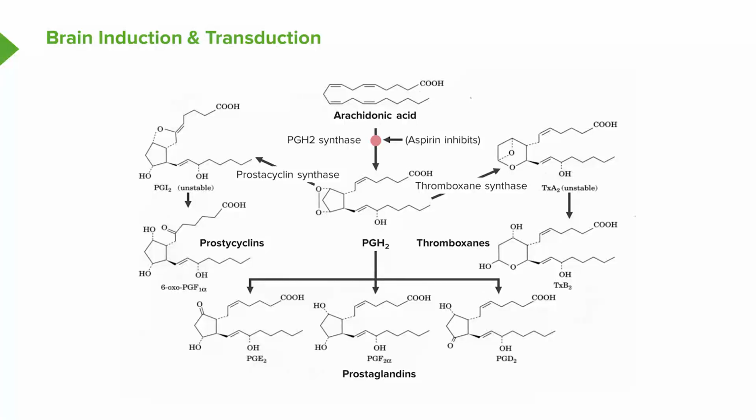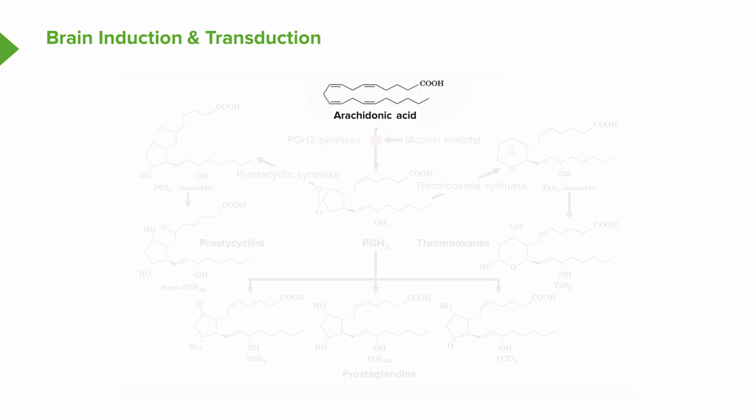Now, I've talked a lot about prostaglandins, so we need to spend a minute or so and discuss what exactly is a prostaglandin and what is this COX, or cyclooxygenase enzyme, that we've discussed in our previous slides. The first thing to think about when you talk about this COX pathway is arachidonic acid, which is the top portion of this particular slide.